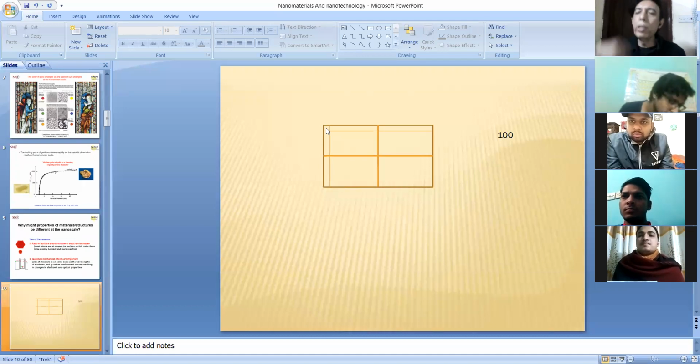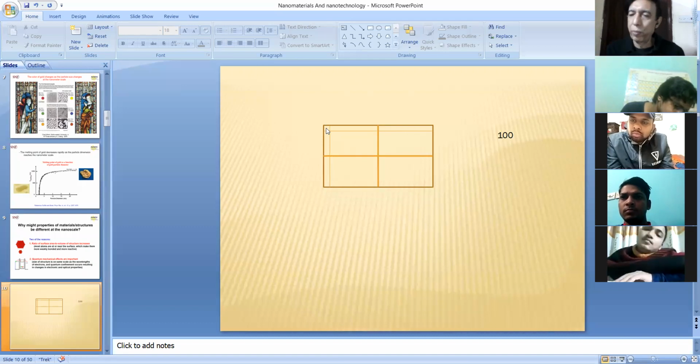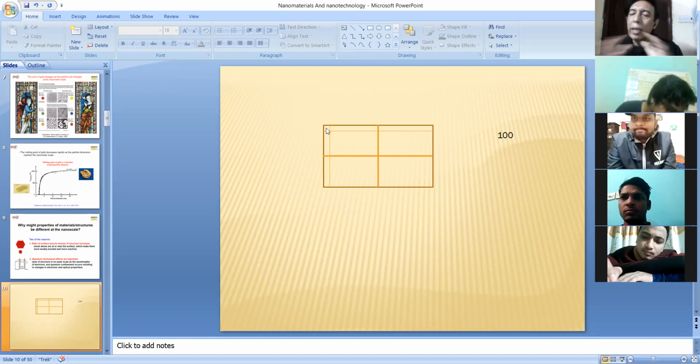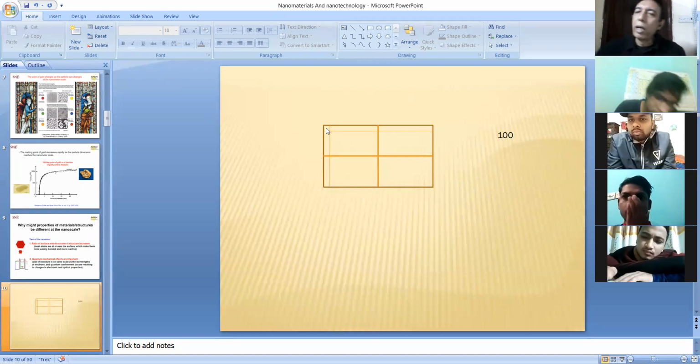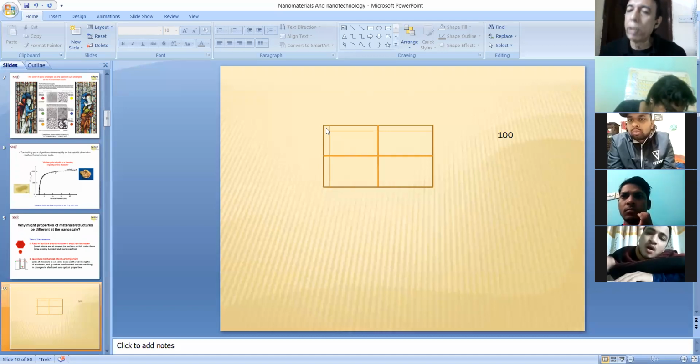It will require about half an hour to mix it. But if you hammer it and make it dust and want to dissolve it, it can be dissolved in 3 minutes or 2 minutes. Why? Because the surface area increases.